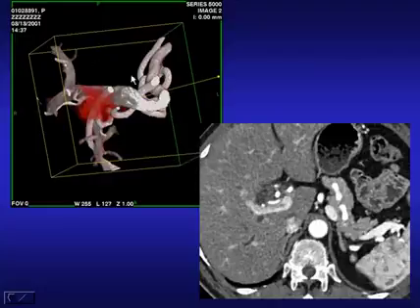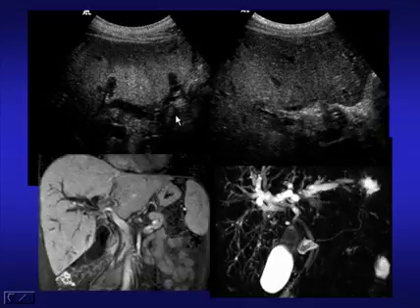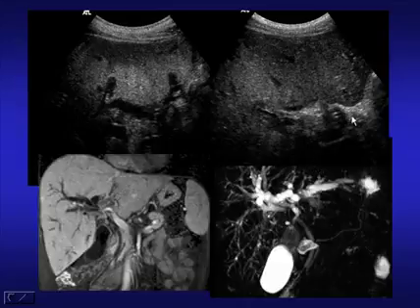Here's an example of a nice 3D study where we have particularly clear visualization of the tumour mass at the hilum of the liver, but this is unusual for CT, and what we've found in our studies of this process is that the ultrasound contrast technique is as effective as the best technique we otherwise have, which is MRI, and significantly better than CT scanning at demonstrating the presence of a mass, at demonstrating the size of a mass, and at demonstrating the extent of invasion into the surrounding liver parenchyma.